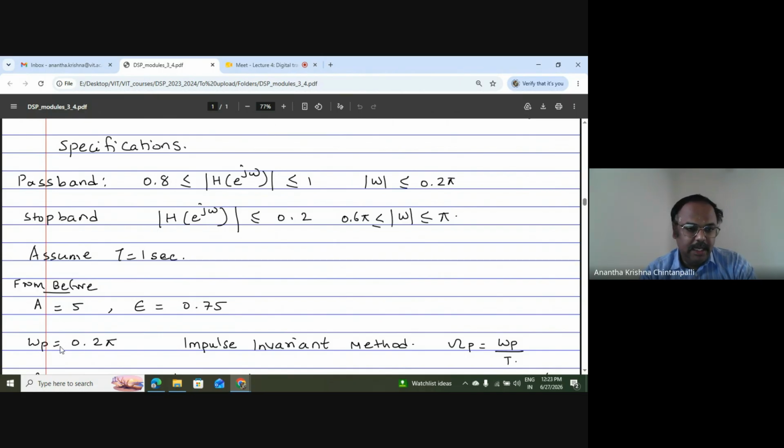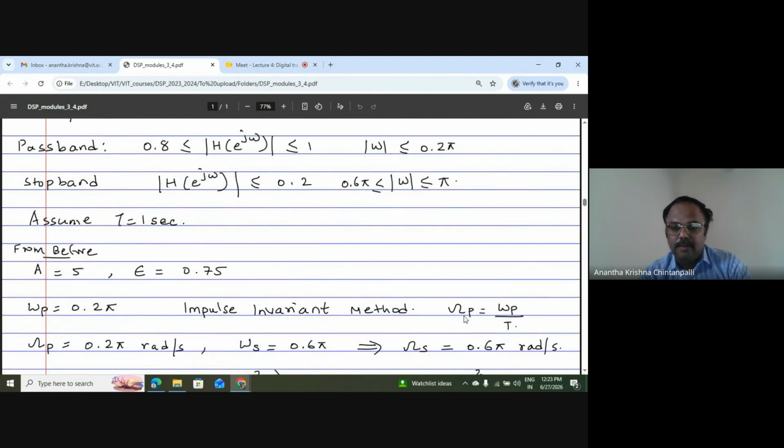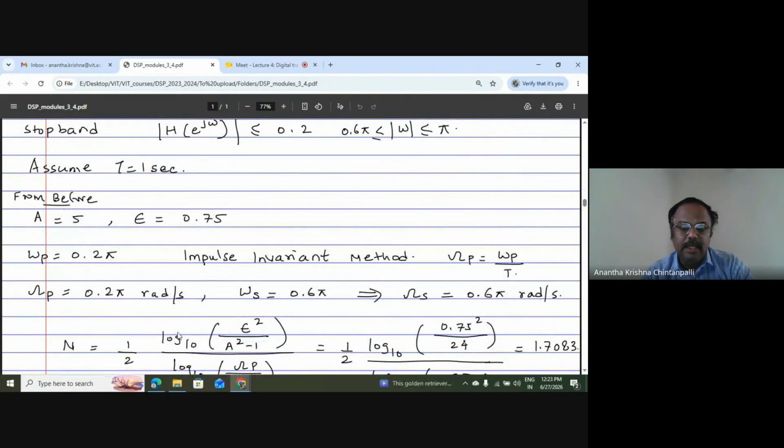Discrete omega p is 0.2 pi. The impulse invariance method says that continuous omega p is equal to discrete omega p by T. Since T is 1, both of them will be equal. So continuous omega p is 0.2 pi radians per second. Similarly, discrete omega s was 0.6 pi, which is the same as continuous omega s.